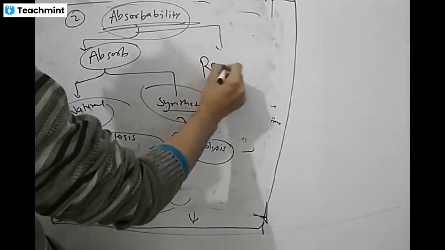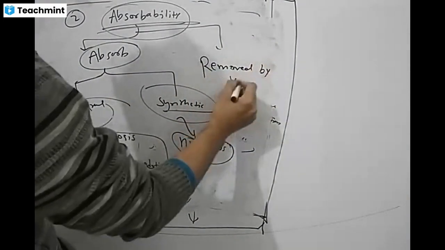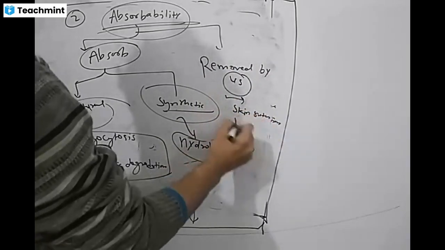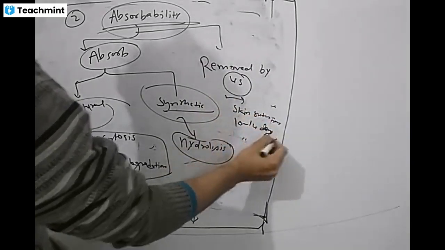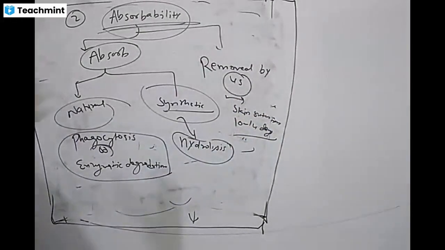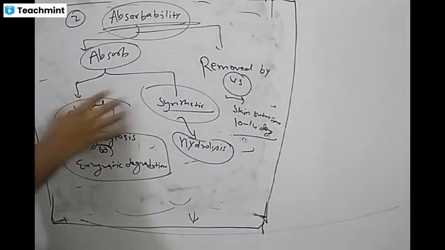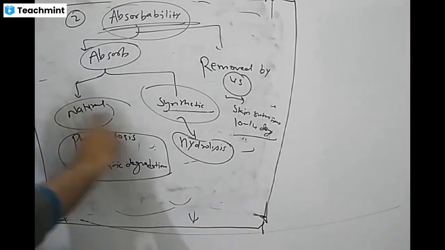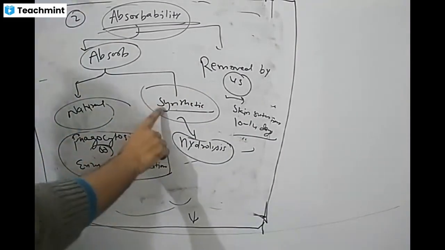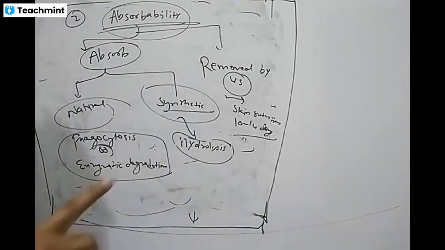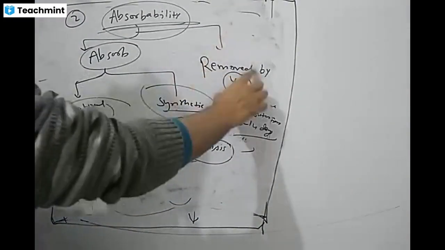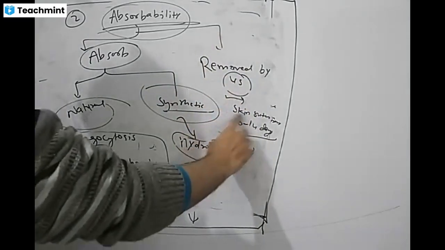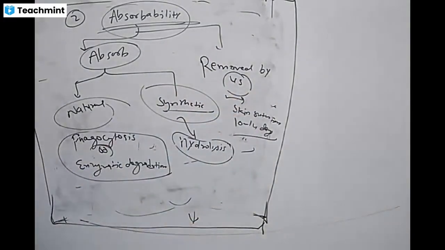These are removed by us. We remove skin sutures in 10 to 14 days. So absorbable suture materials may be natural or synthetic. For natural, the mechanism is breakdown inside the body, mainly phagocytosis. For synthetic, mainly hydrolysis. But non-absorbable sutures are removed by doctors, for example skin sutures after 10 to 14 days.